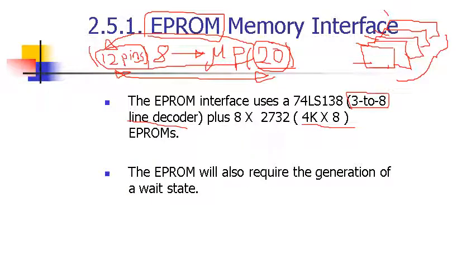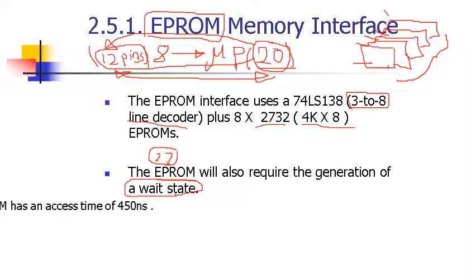In addition, the EEPROM of series 27 is a sort of slower memory device. This is why we need an insertion of a wait state to let the processor slow down a bit to access correctly memory locations within the 2732 EEPROM chip.